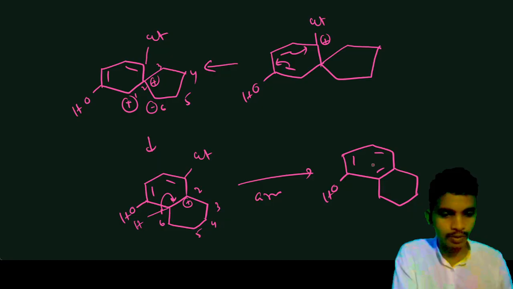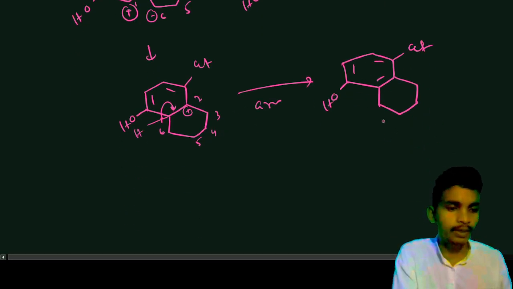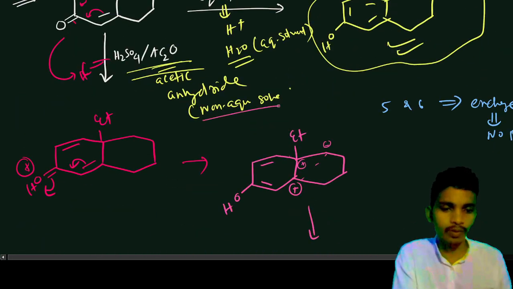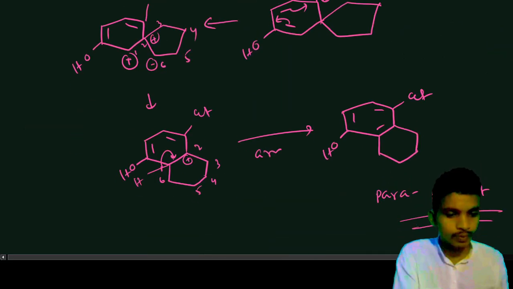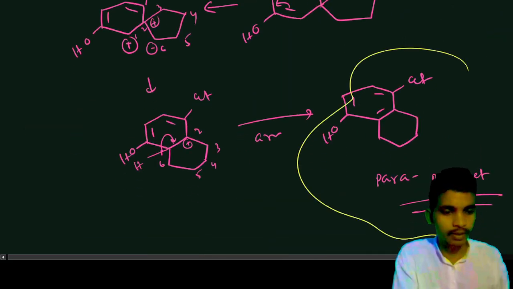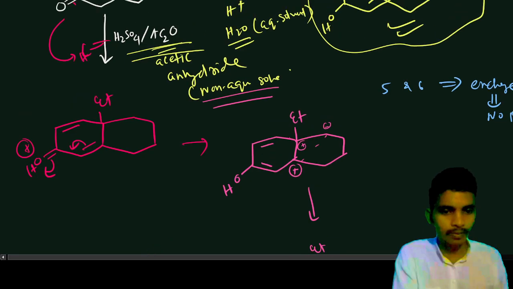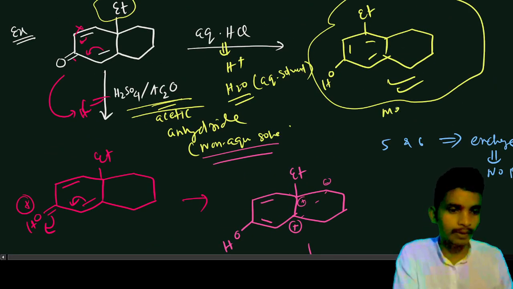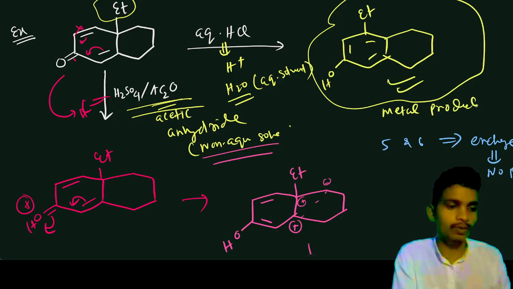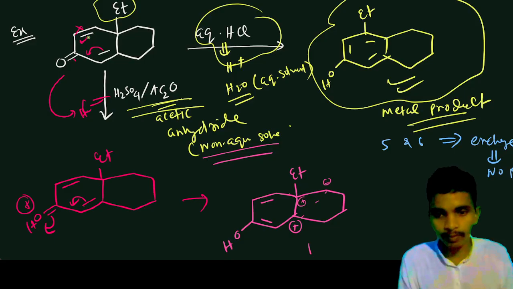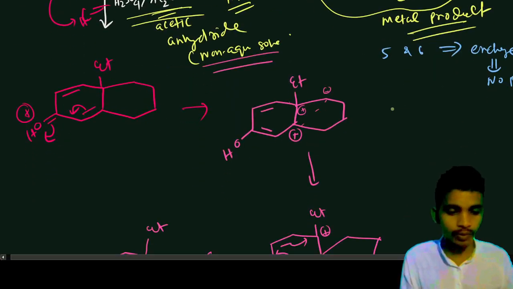So here OH, here we have that. What we see is that we get the para product. Whenever it is a non-aqueous solvent, in that case we will get the para product. And if it is an aqueous solvent, then we get the meta product, because at that time this will shift, and if it is a non-aqueous solvent, this will shift and we get the para product.